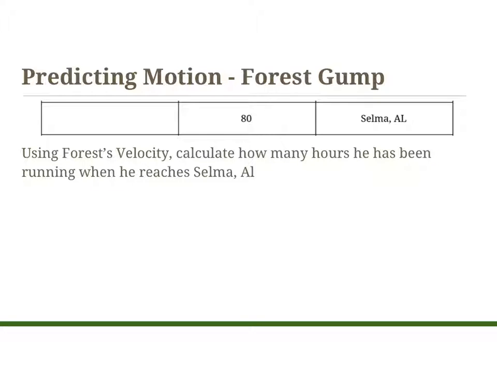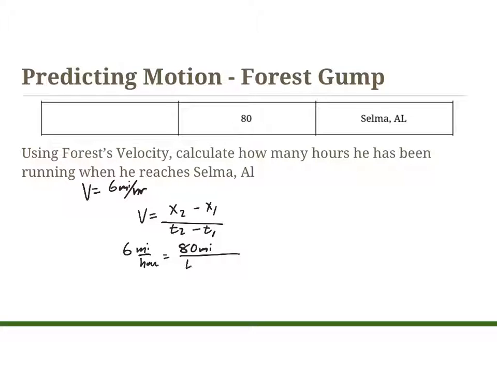So we want to figure out how many hours he's been running when he reaches Selma, Alabama. If we know that his velocity is 6 miles per hour, we're going to say that velocity is equal to x2 minus x1 over t2 minus t1, and we know that x2 in this particular case is 80 miles, and we're trying to determine how many hours, so that's going to be t2.